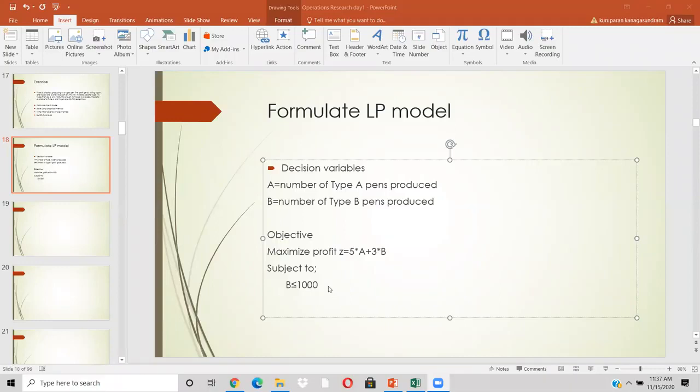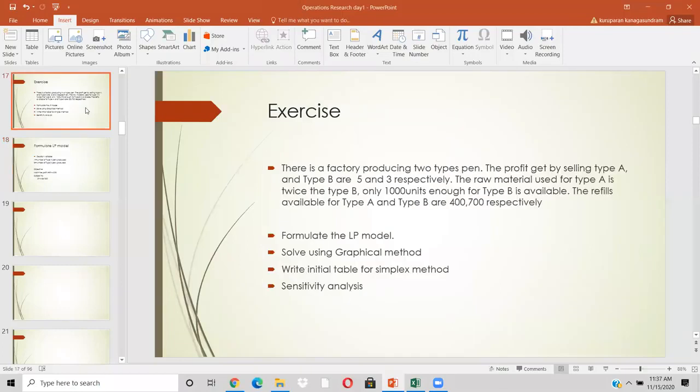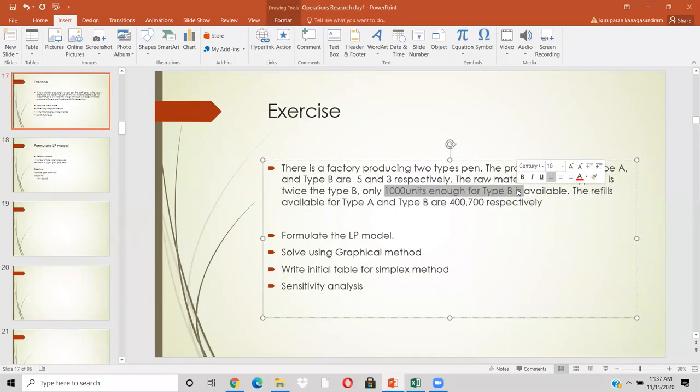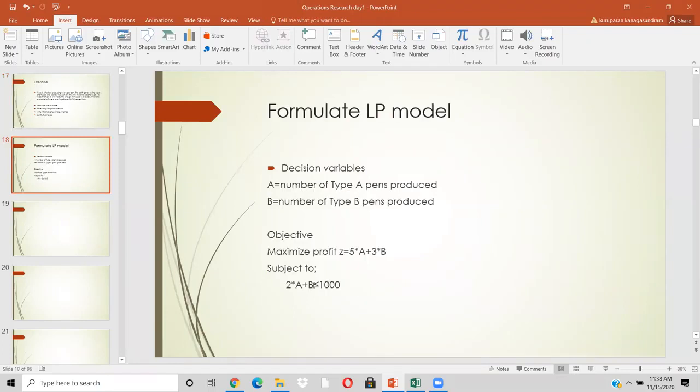It will consume 2 times A plus. Why am I saying this? Read the question. It says 1000 units of raw materials, which is in units of B. So while we are writing here, we have to write the raw materials constraint in units of B.